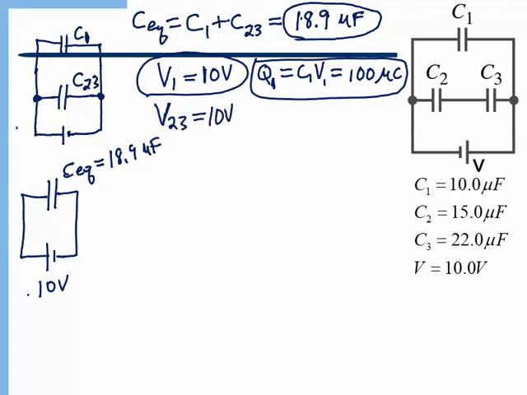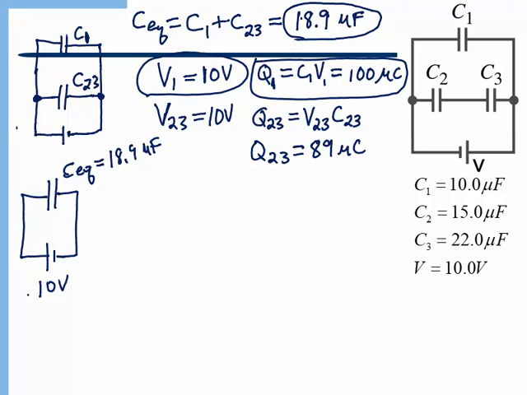Well, that means that Q23 is going to be equal to V23 times C23. And if you calculate that, you should find that you get 89 microcoulombs. I'm just taking what we had for C23 and multiplying it by 10 volts.